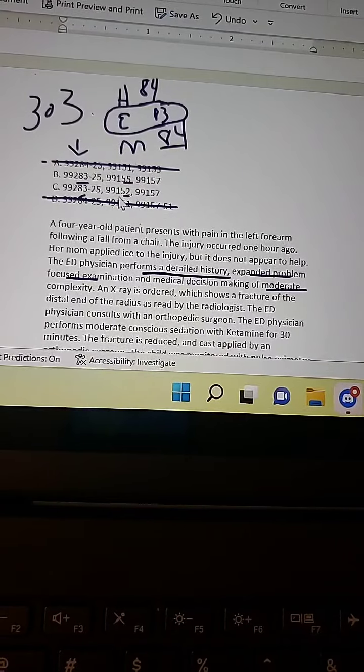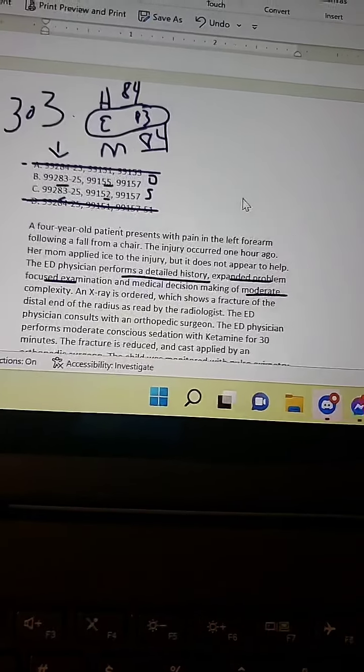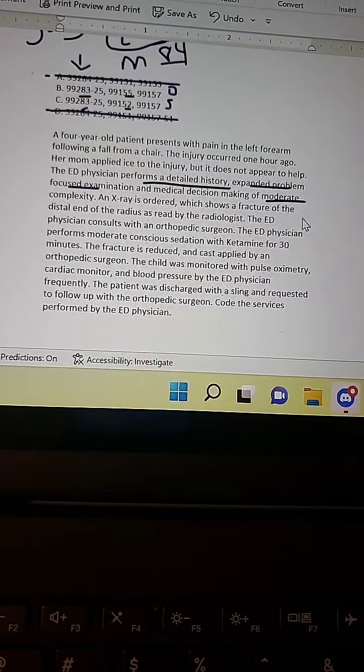So our 99152 is for the same MD, and then 55 will be for other than. So 2 MDs. So we just need to search our question to see who did what.